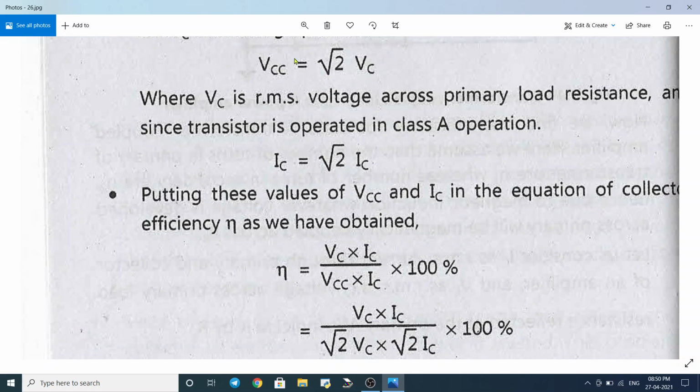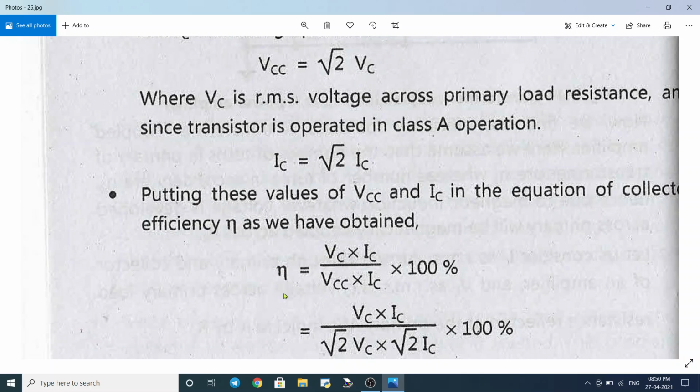Now from the graphical analysis, the DC quantity VCC has the equivalent value root 2 VC for a class A power amplifier with transformer coupled load. VCC equals root 2 VC and IC equals root 2 IC. The DC value IC equals the RMS value of AC current IC.